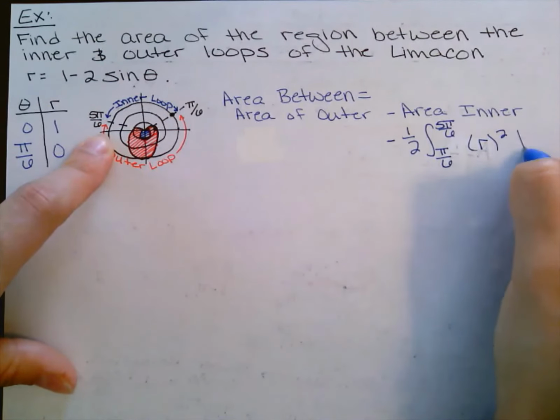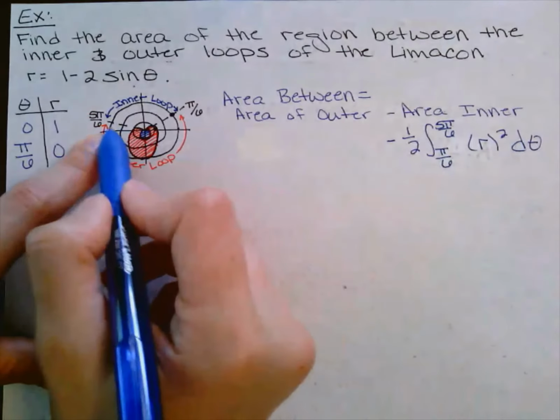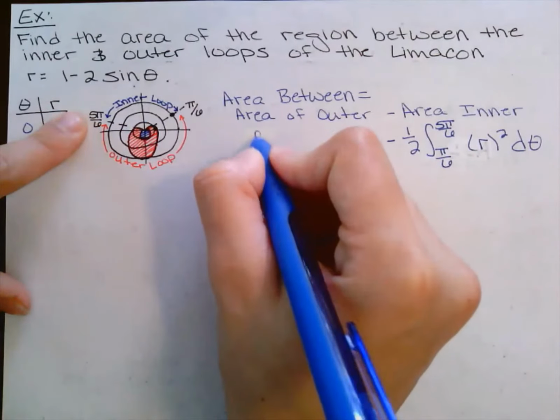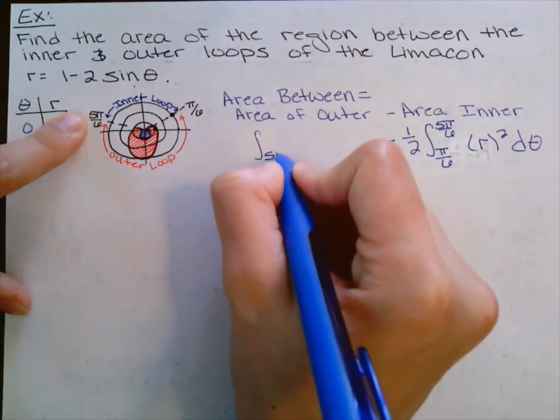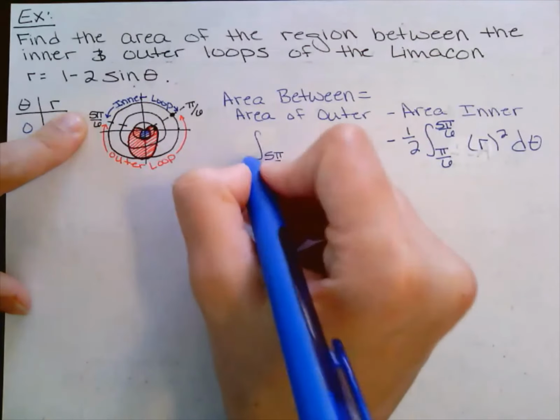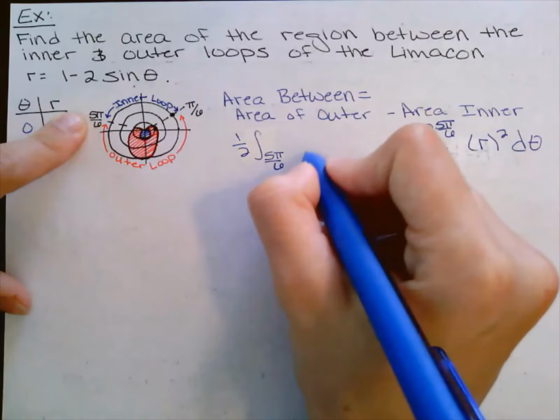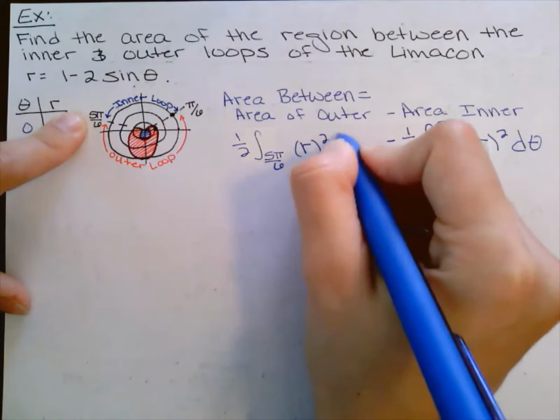Okay. Now, from 5 pi over 6, right, then we have that r squared.